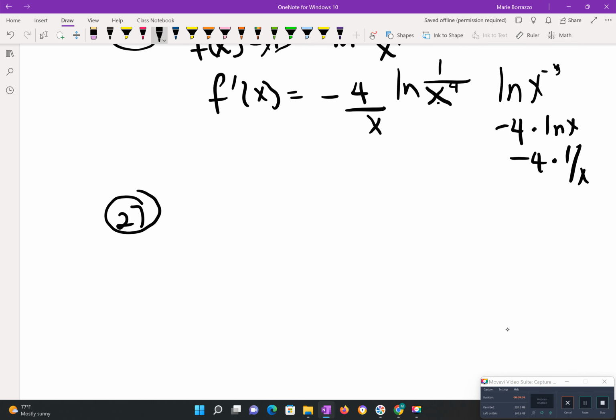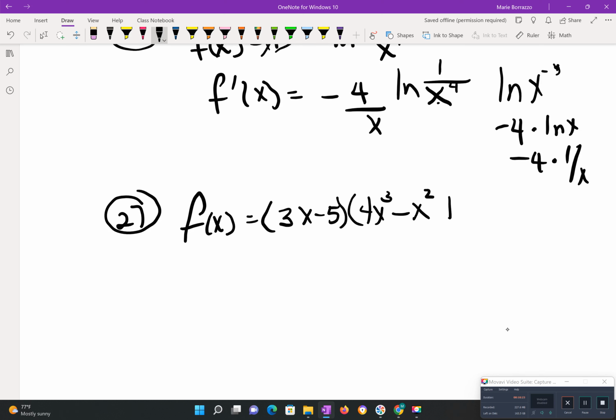Now we're talking about product rule and derivatives. So we're given f of x is equal to 3x minus 5 times 4x to the third power minus x squared plus 1.